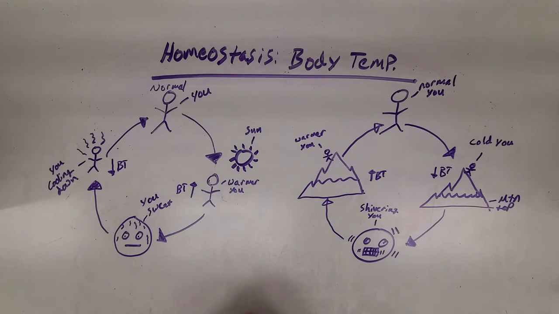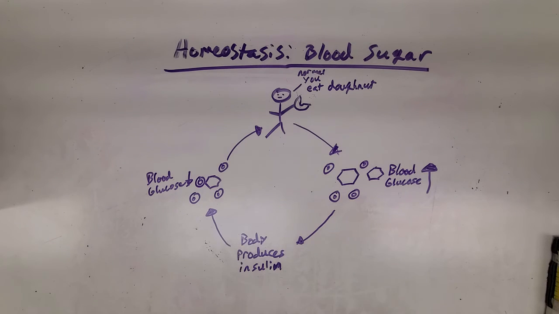Let's go ahead and look at just one more example, blood sugar. Keep in mind this is very oversimplified. There's a lot of stuff happening in the body when you try and digest things with lots of sugar in it, but start off, normal you, you eat a donut. This is going to cause your blood glucose levels to start going straight up. That's going to cause a lot of problems if the sugar just stays in there.